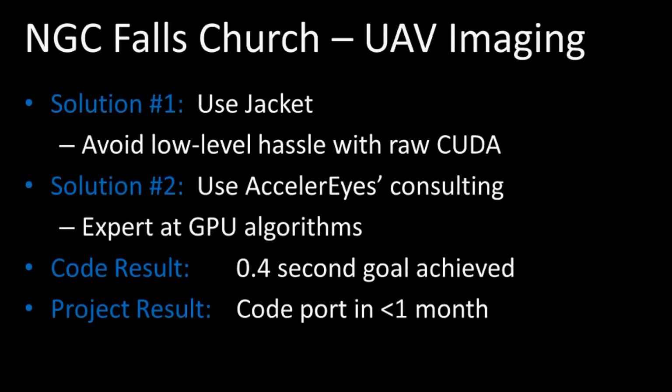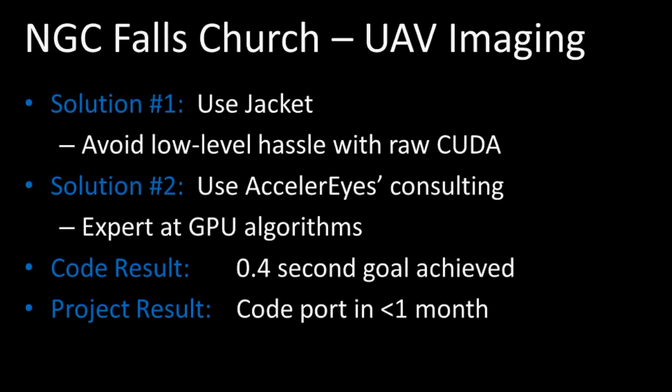In fact, this group had a combination of both MATLAB code as well as C++ code. They were prototyping with MATLAB code, but then deploying with C++. So the first solution was to take that MATLAB code where the prototype existed and to use Jacket to avoid the low-level hassle of raw CUDA.